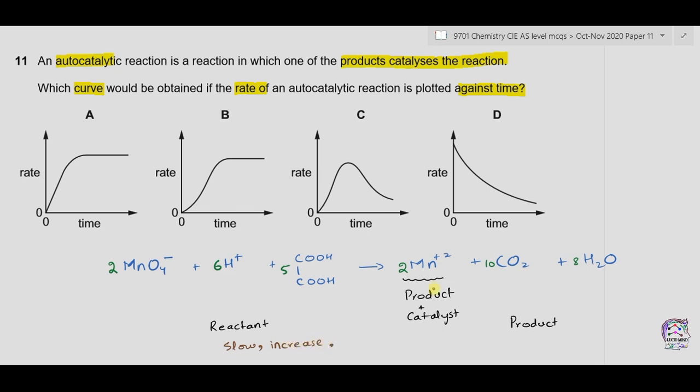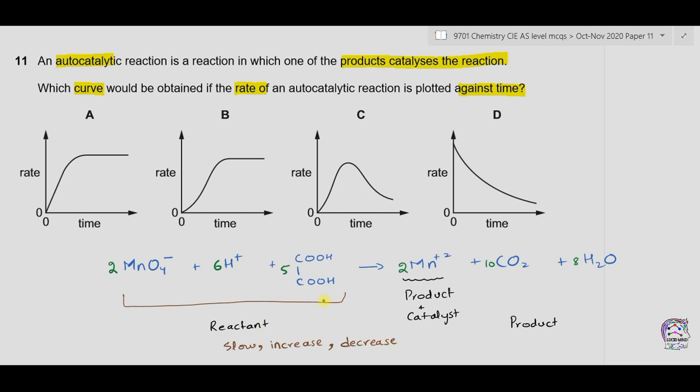As more Mn2+ is formed, the reaction rate also increases. As the amount of reactant is limited, the concentration of reactant will start to decrease after a certain time. So when the concentration of reactants decreases, the rate of reaction also decreases.